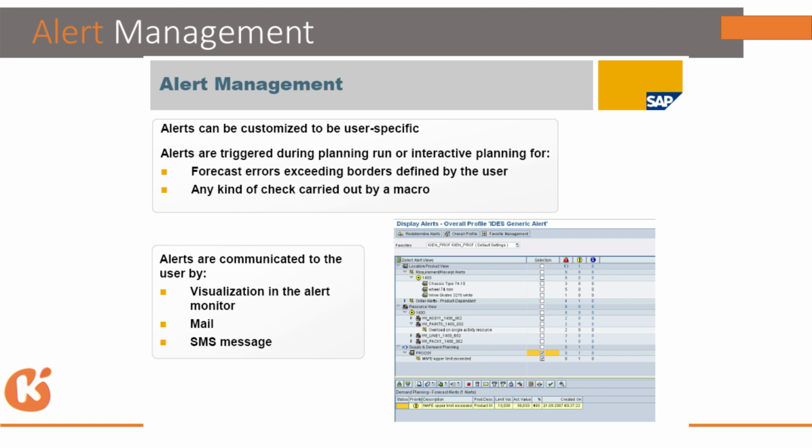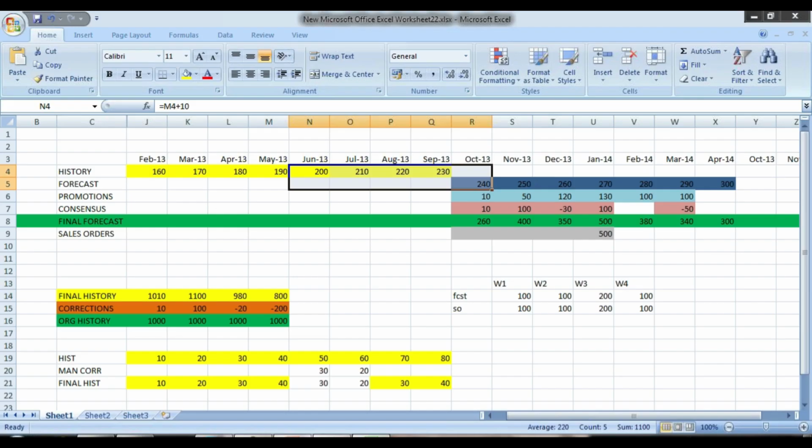And LX is one of the functionality which is going to save a lot of time and effort for the business users. Say for example, like I told, we can compare the sales orders and forecast. In reality, if you want to compare product by product, what is the sales orders and what is the forecast, is it possible?